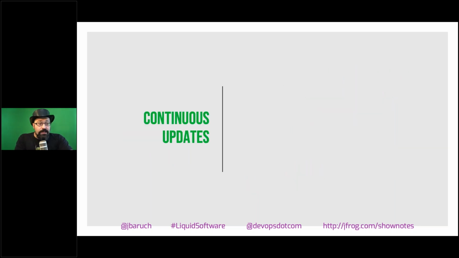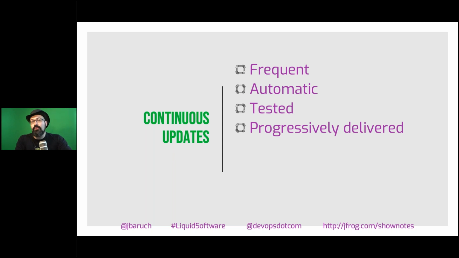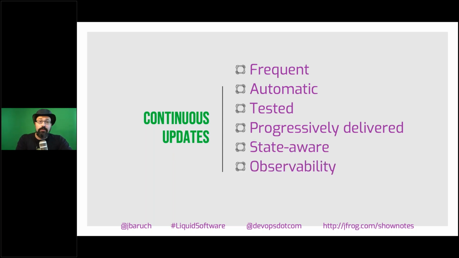So to summarize, continuous updates are frequent, automatic, tested, progressively delivered, state-aware, observable, and implement local rollbacks. That last one is kind of an extra credit task. It's complicated and not always needed, but if you do everything else, then you are in good shape.